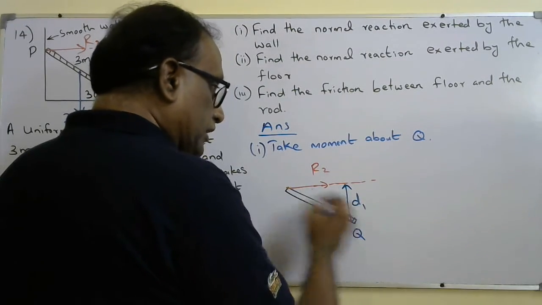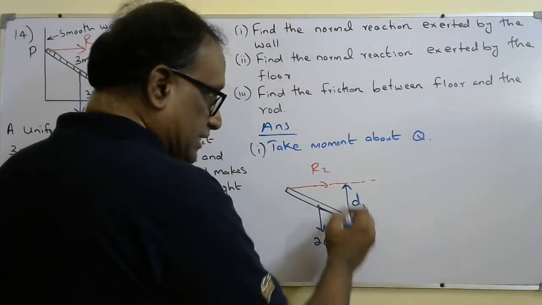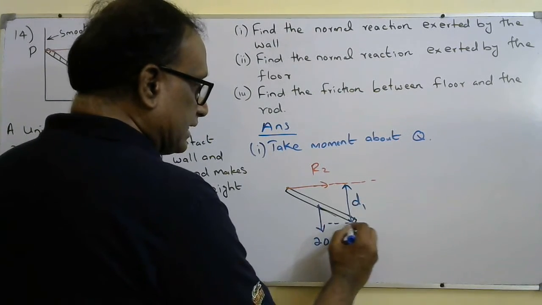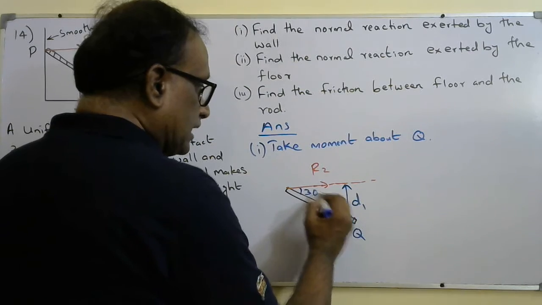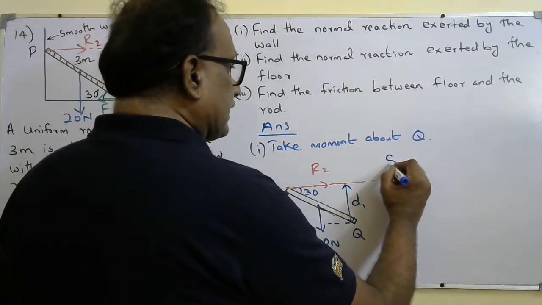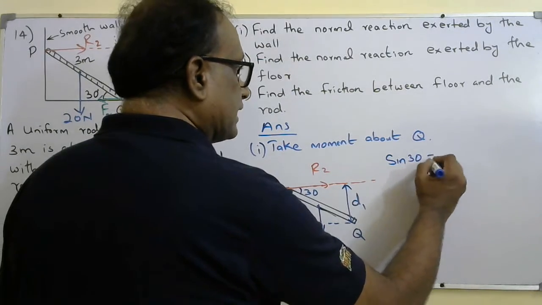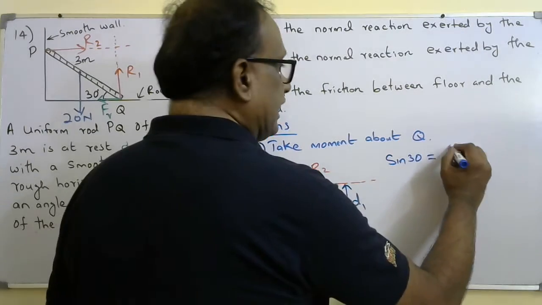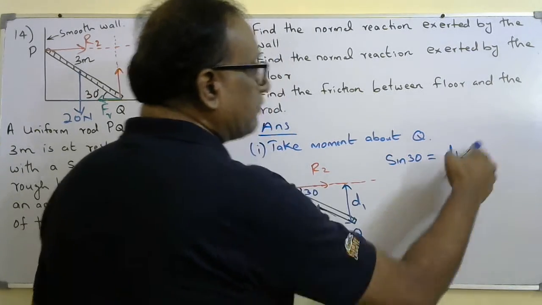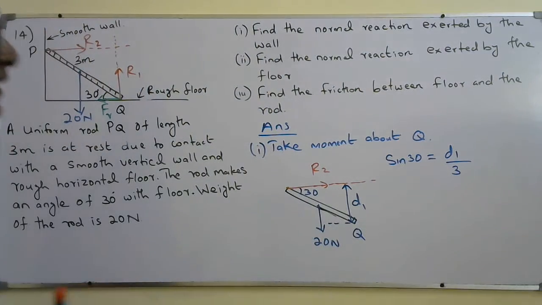From Q, the perpendicular distance to this line of action is d1. How much is it? This length PQ is 3 meters. This is 30 degrees. So sine 30 equals opposite over hypotenuse, that is d1 over 3 meters. So d1 will be 3 sine 30.